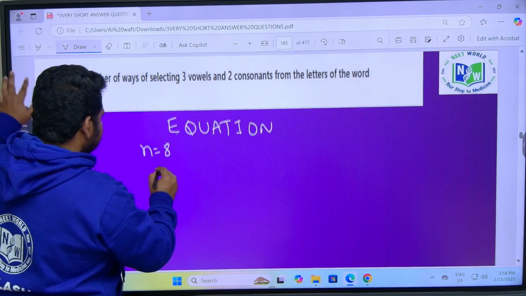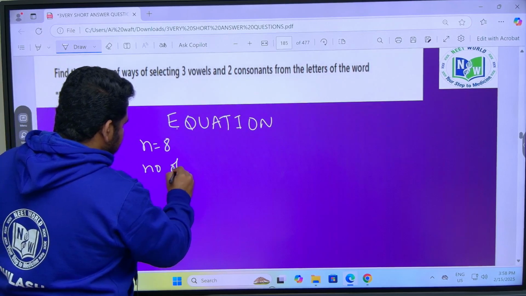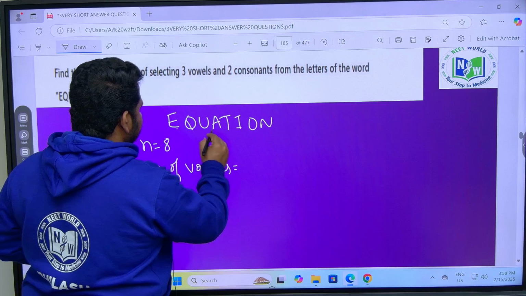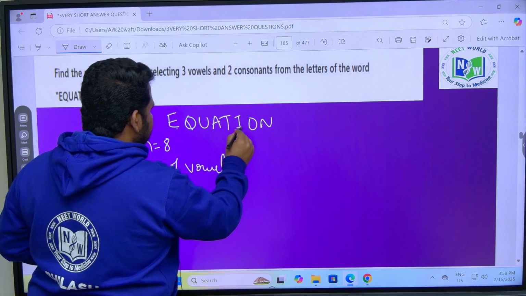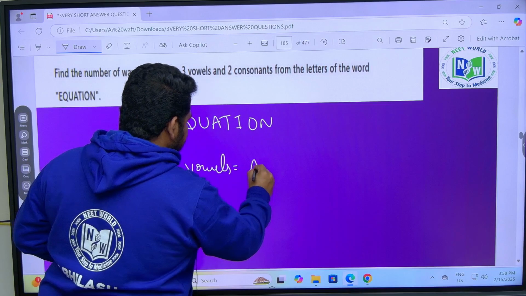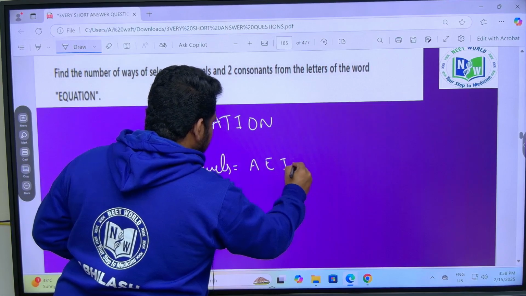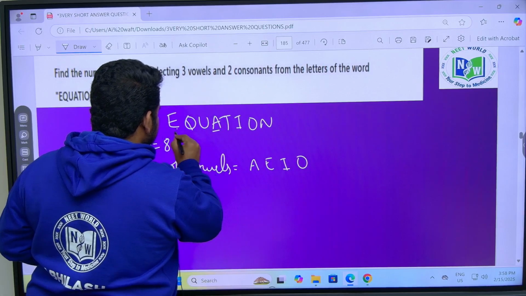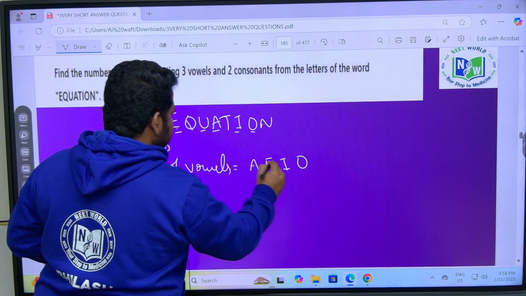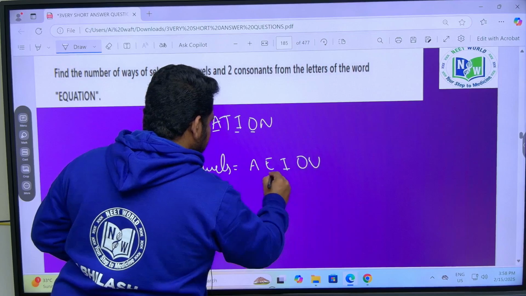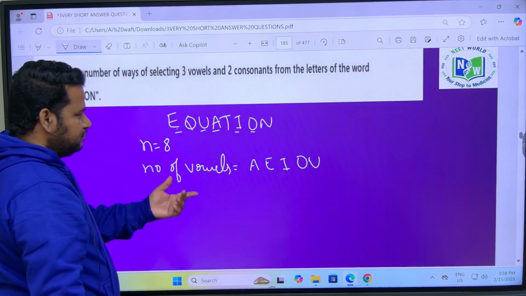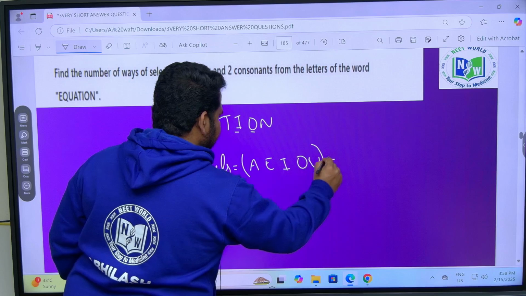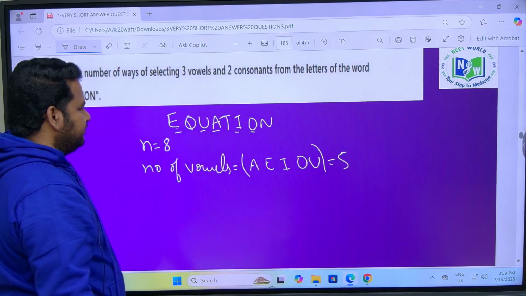Here the number of vowels is A, E, I, O, and U is also there. All the vowels are there: A, E, I, O, U. Number of vowels is 1 2 3 4 5, so 5.